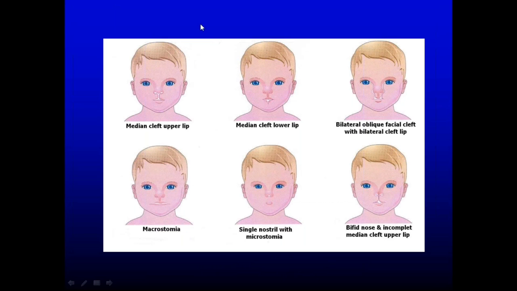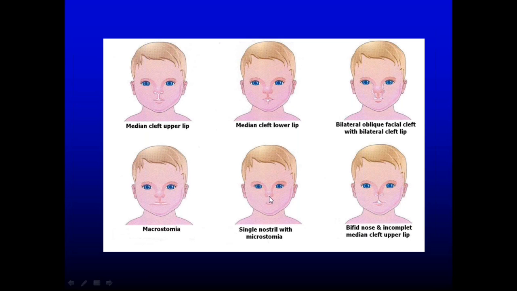These are the other conditions: median cleft lower lip, when the two halves of the mandibular processes fail to fuse. Bilateral oblique facial cleft on both the sides, that is, the lateral nasal prominences fail to fuse with the maxillary prominence. Macrostomia, widened mouth.